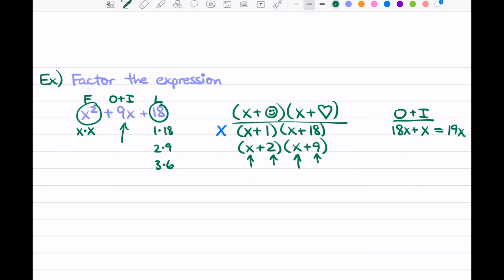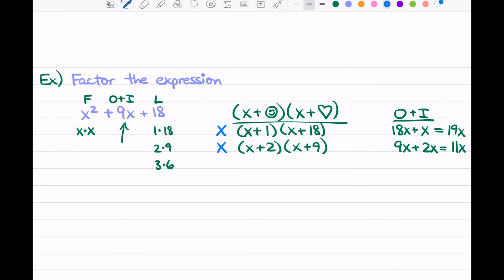Now we just need to check if our O plus I equals 9x. Here we have O, which is 9x, plus I, 2x, that equals 11x. So our O plus I is not correct. That means these two factors, when we multiply them out, give us a different quadratic expression.